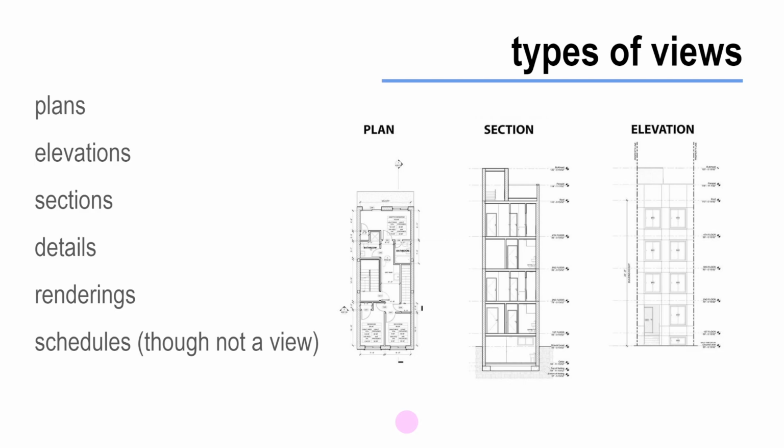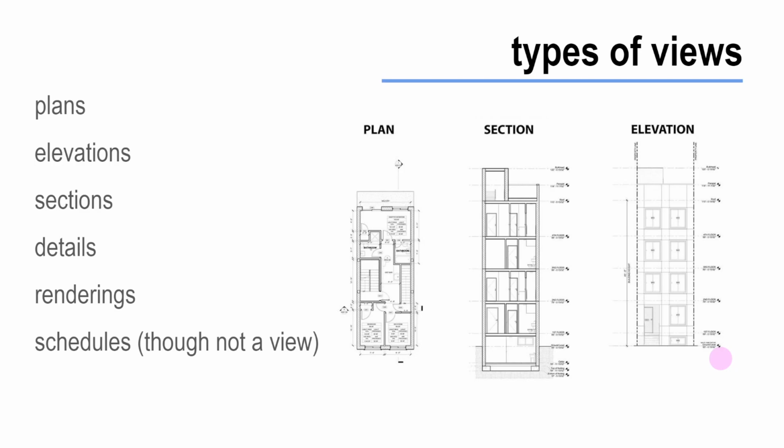Elevation views are then depicting the building from the outside, from each of the cardinal directions or from each particular wall. Elevations really help us get an understanding of material finishes and all of the different exterior notations that are going to be important for what the building looks like from the outside.